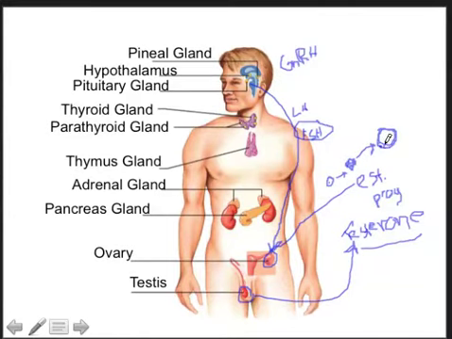Now, while all this has been going on, the follicle that was left behind in the ovary from which the egg erupted has begun to transform into a yellow mass called the corpus luteum, which is Latin for yellow body. And this happens under the influence of this second gonadotropin called luteinizing hormone.